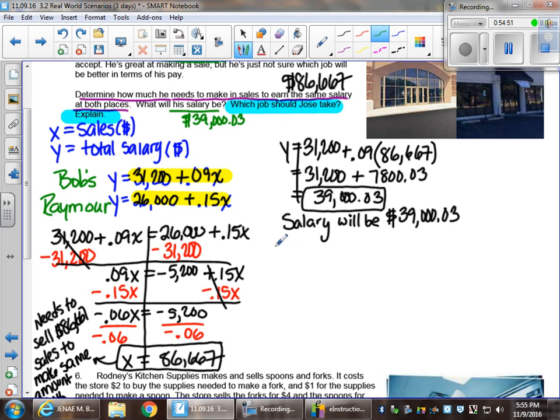Well, let's plug it in. So let's compare. Bob's, we're going to plug in 4,000. What if he makes 4,000? So if he sells $4,000 worth of product at Bob's, y equals 31,200 plus 0.09 times 4,000. Using your calculator, that's 31,200 plus what? What's 0.09 times 4,000?